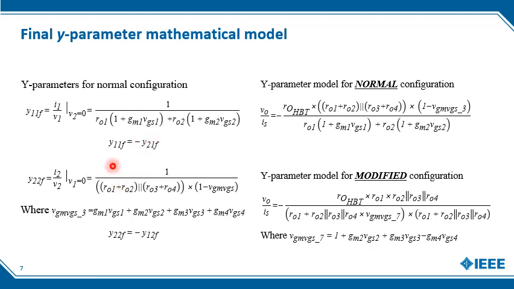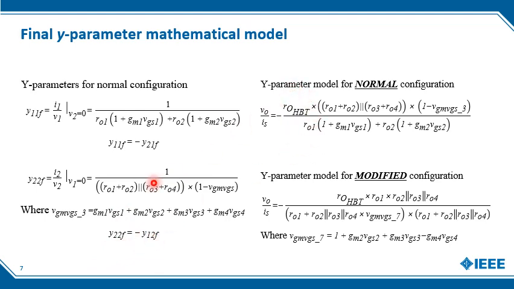And much the same method has been used to do Y22F to get to this equation where GM3 VGS3 is all of this. Then the same happened for Y12F.